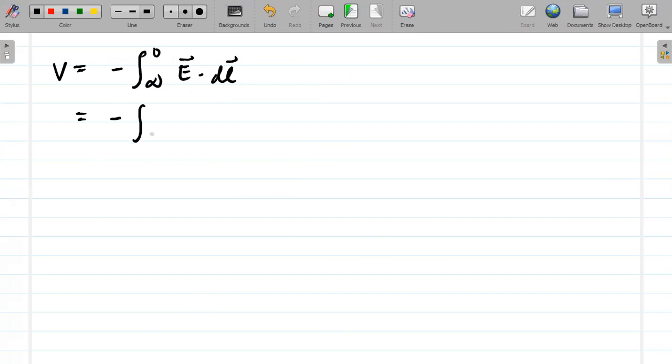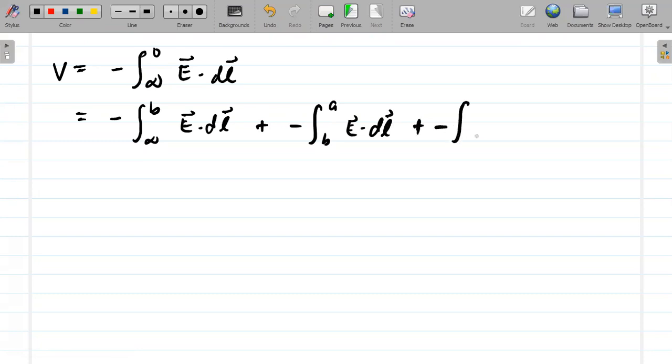So, bali, negative infinity, ano yung unang boundary natin? B, E dot dl, plus negative B to A, E dot dl, plus negative A to 0, E dot dl.